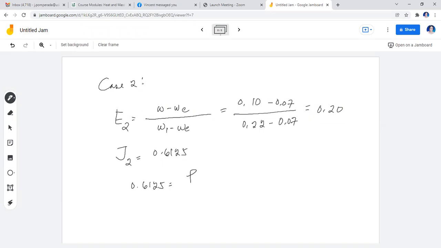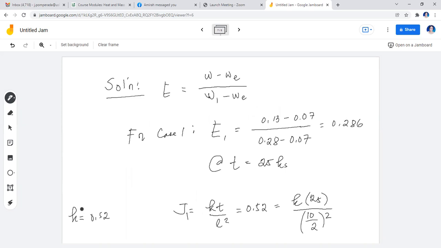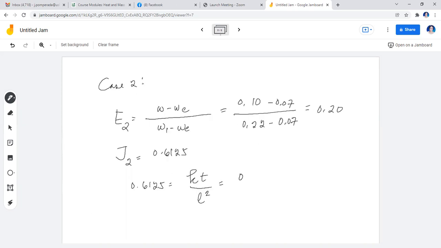0.6125 equal to KT over L squared. And we will substitute the K that we got from the first case here, 0.52. We have the drying time here for case 2, and we have the thickness of the plank. So this time our plank is 60 mm thick. So we'll divide it by 2.